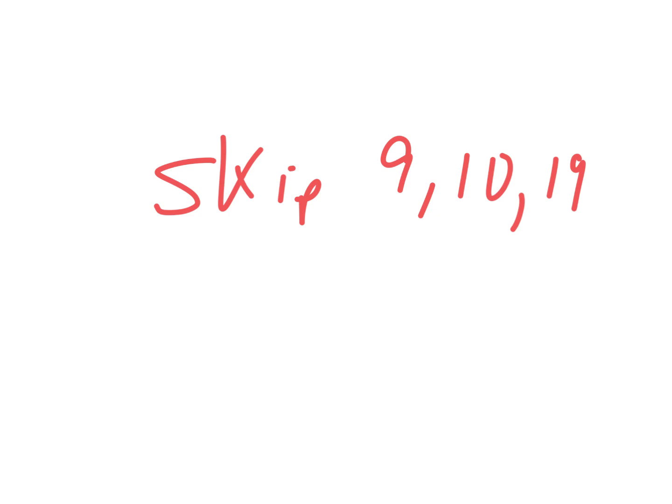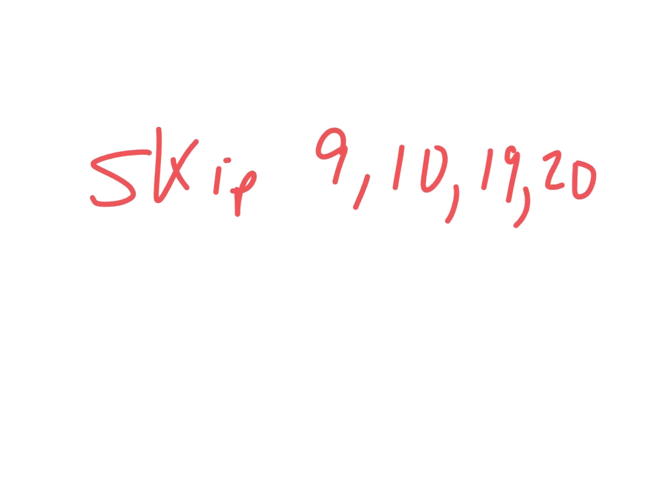Skip 9, 10, 19, and 20. There's some symmetry there. Okay. Numero uno. I know some of you already started, which is cool. I'm good with that, as long as you were doing the problems I was giving you along the way.